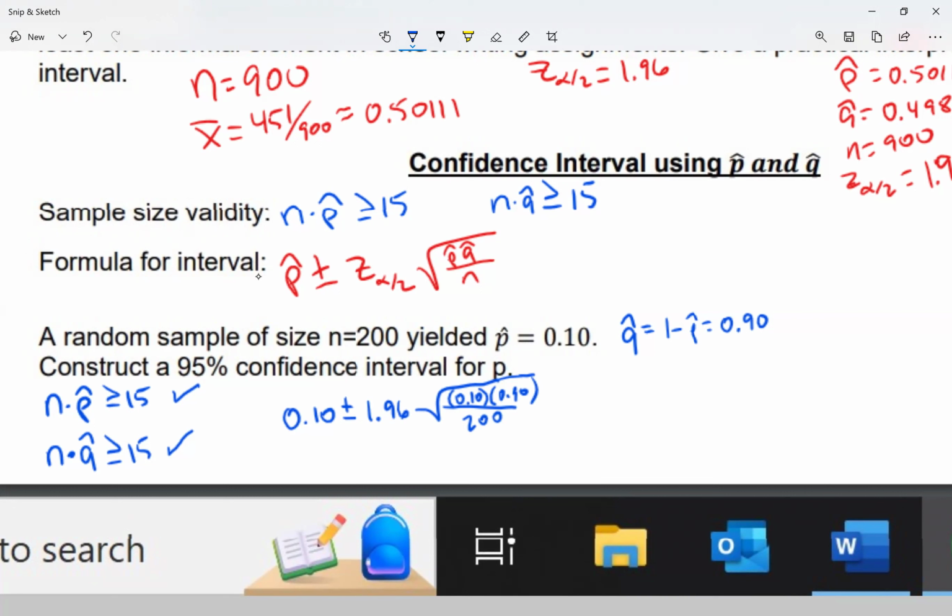One thing you might struggle with is typing the fraction, but if you need help, do contact me. Let me type this on my calculator. I'm going to round my answer to 2 decimal places. My lower bound on my interval is going to be 0.06, and my upper bound is going to be 0.14.